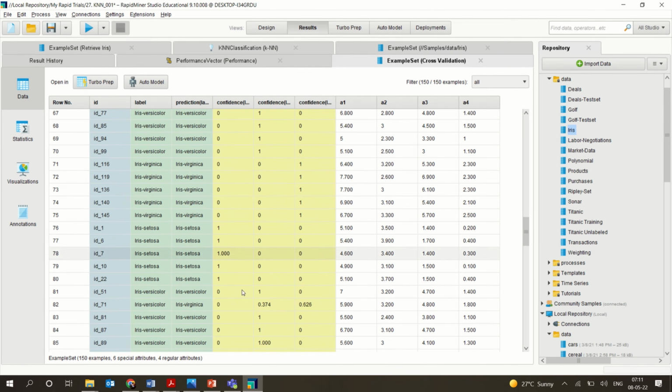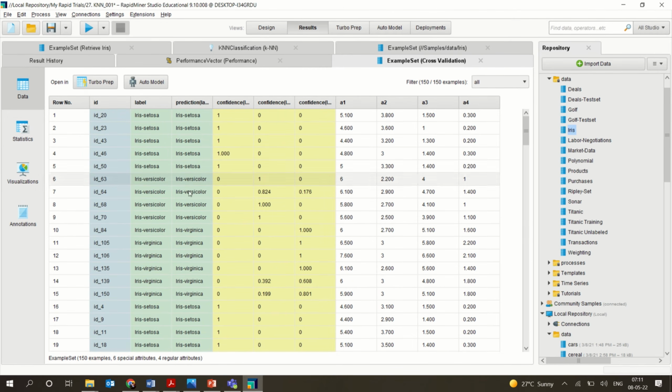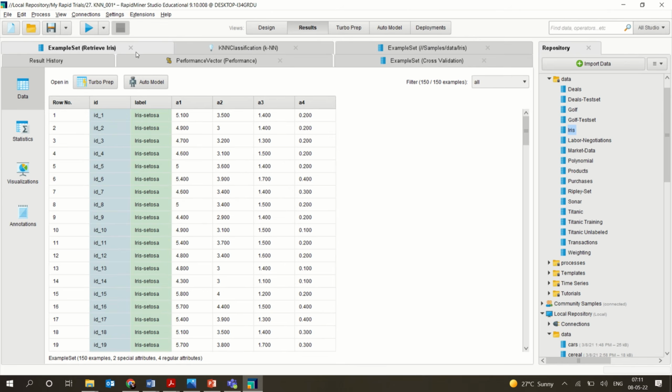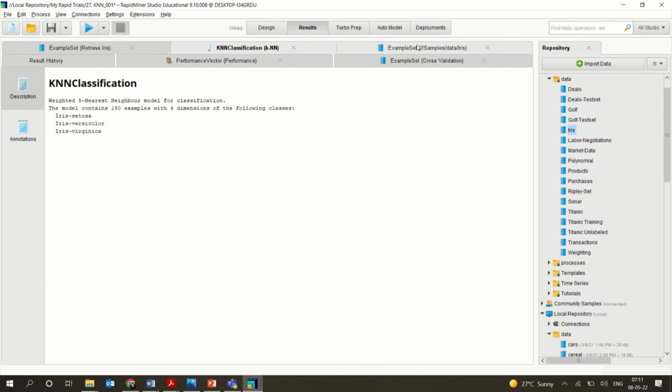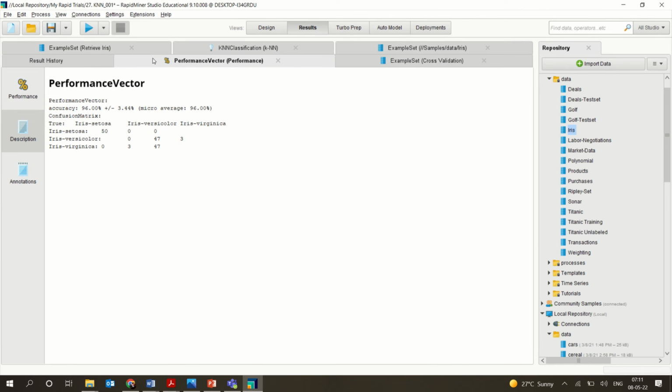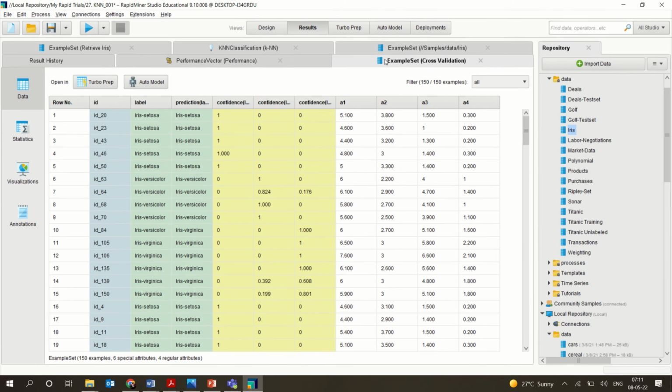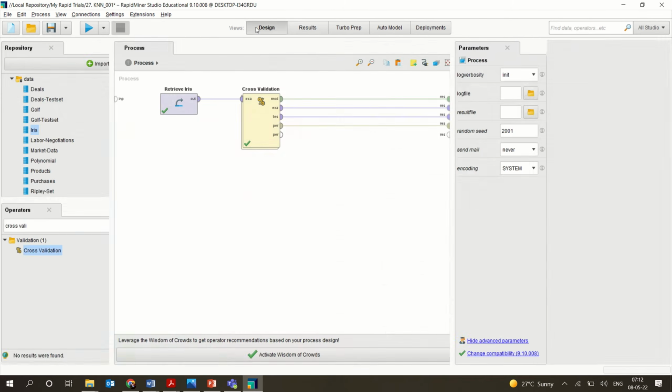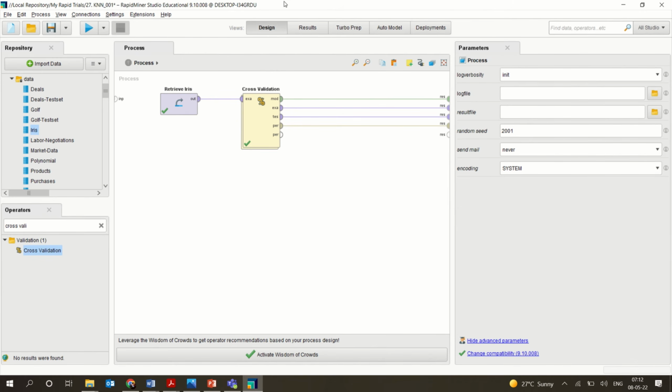All these details can be easily identified in this data. This is the original data set, this is your KNN, this is your original data set as such, this is the performance matrix, and this is your cross validation output. So this is one simple example.